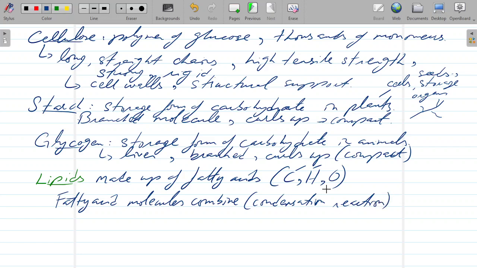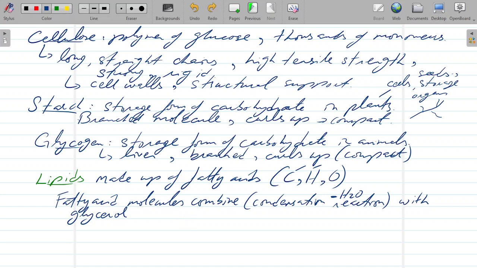For each condensation reaction, you have loss of one water molecule. So they combine with a molecule that's called glycerol. Now, there are different combinations that can occur, but what we are concerned with is what's called a triglyceride, and I'll tell you why it's called that.